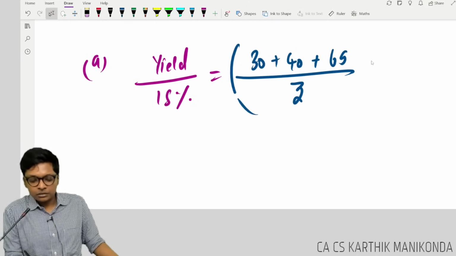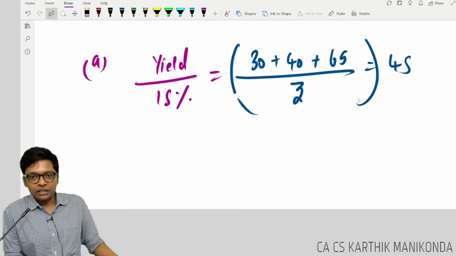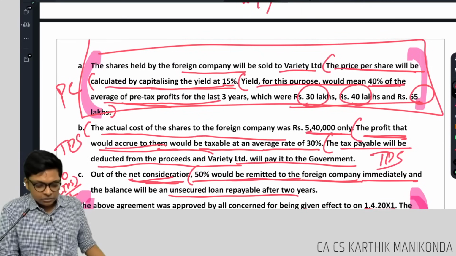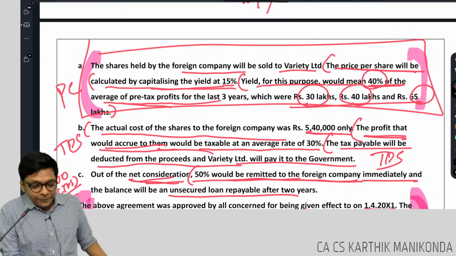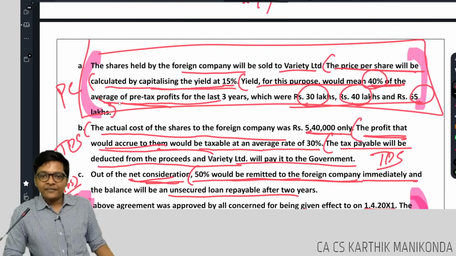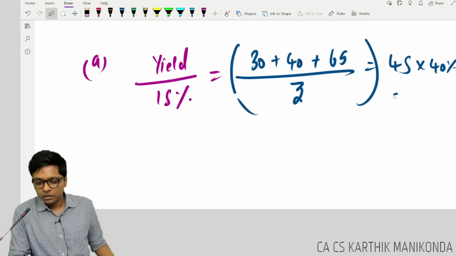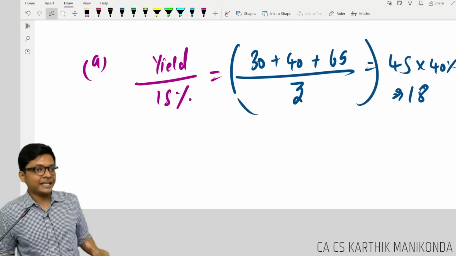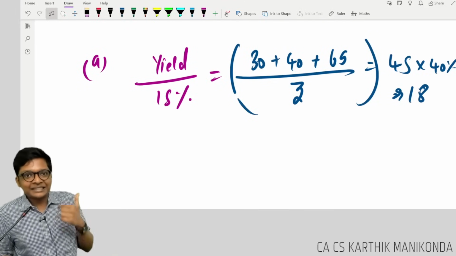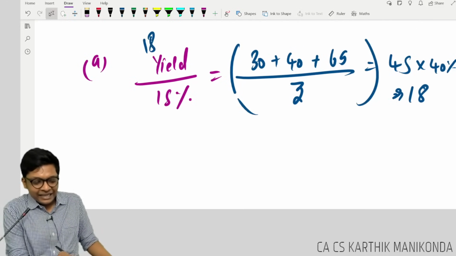My average is 45, correct? But we are not taking the full average. What is it saying? 40% of the average, correct? So what is 40% of 45? 18, not 18 lakhs. So my yield is 18 lakhs.